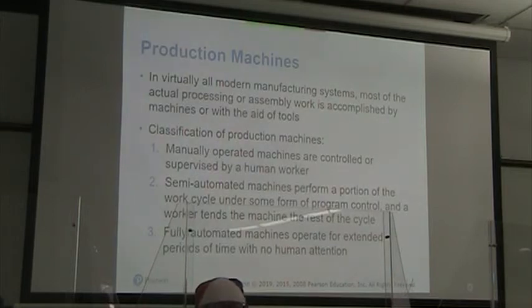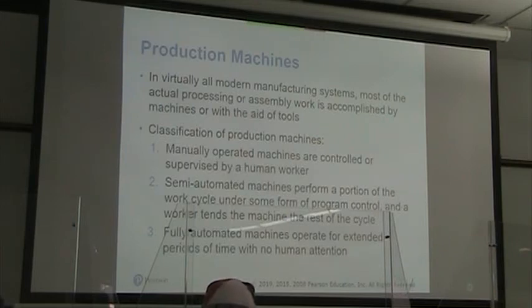All right, so production machines are modern manufacturing systems. The actual processing and/or assembly work is done by machines or with the aid of tools. So the way we classify these production machines, we have manually operated machines that are controlled or supervised by a human worker.